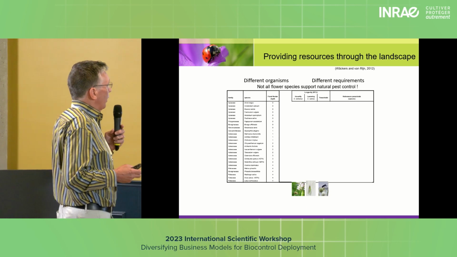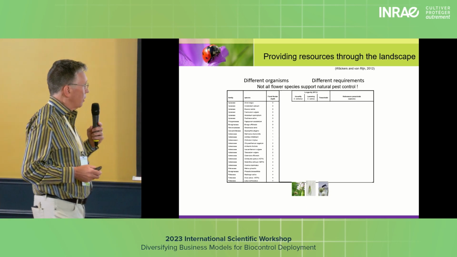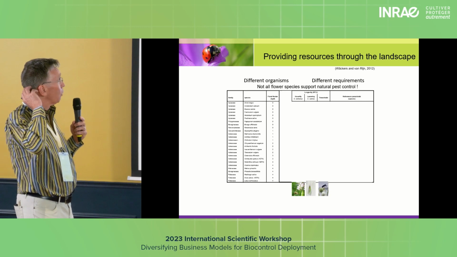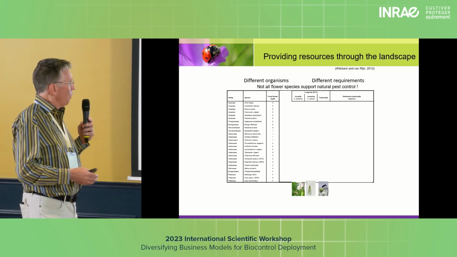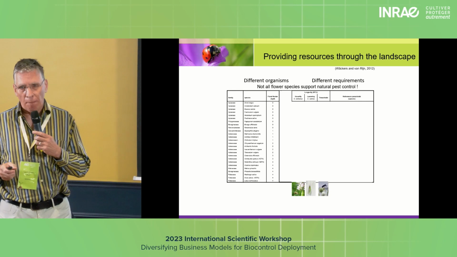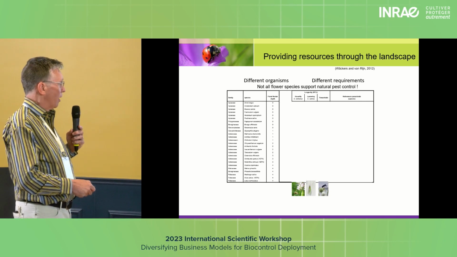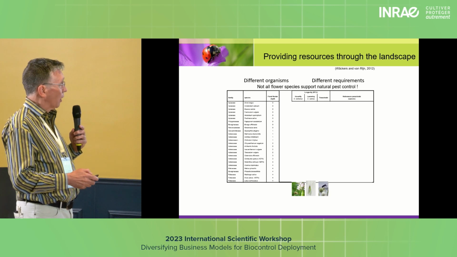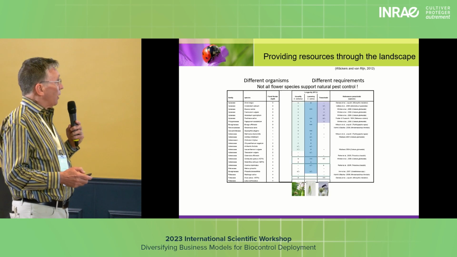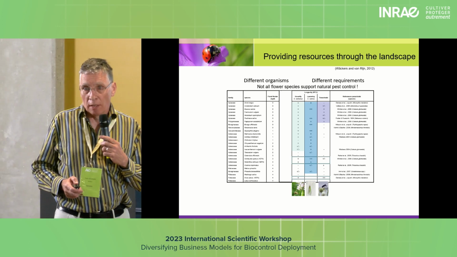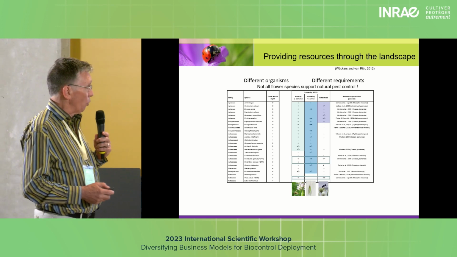To show you here that not all flowers are suited, in a review that I did with Paul van Rijn in 2012, we looked at a number of flowering plant species and 3 groups of biocontrol agents: the hoverflies, lacewings, and parasitic wasps. And then we looked at which of these flower species were being exploited by these 3 groups.